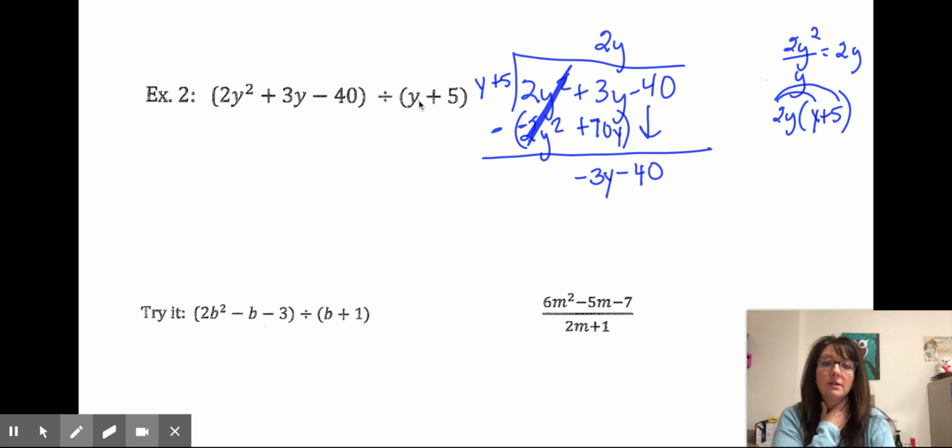Okay, we're still going to take this y into a negative 7y. So negative 7y divided by y. So that's going to be negative 7. Okay, so we'll put that negative 7 above the constant right here. Then we're going to take our negative 7 times our divisor, right?